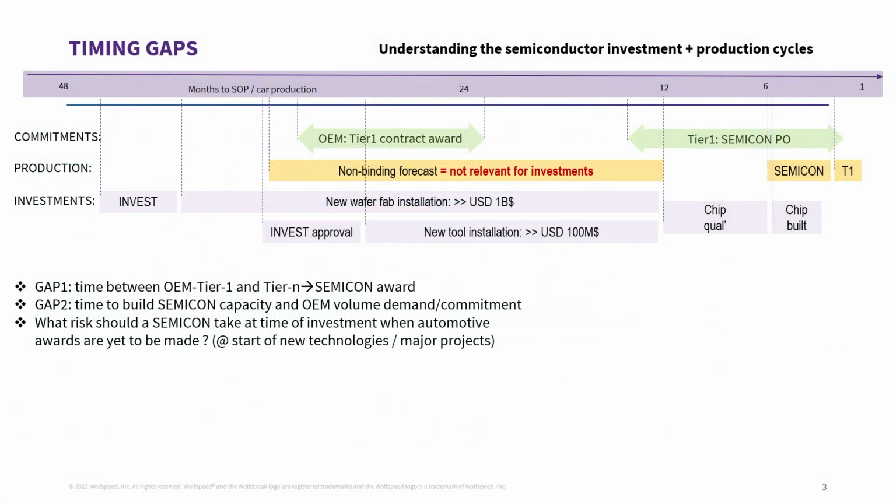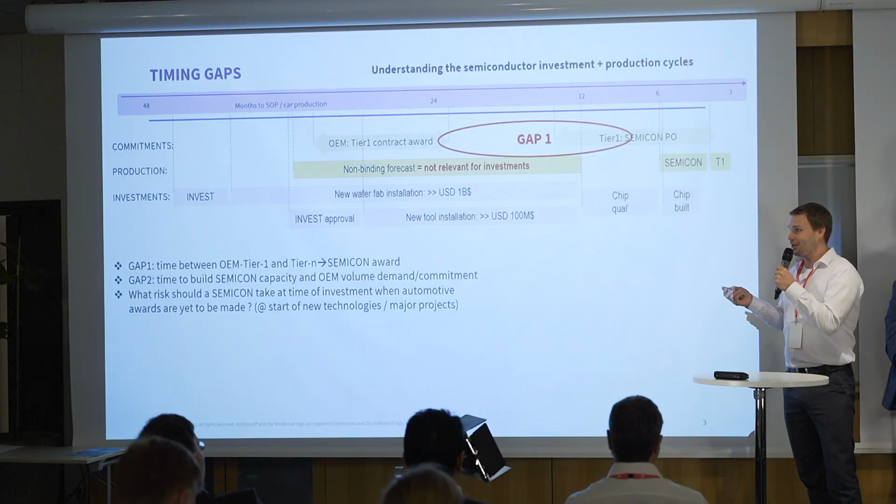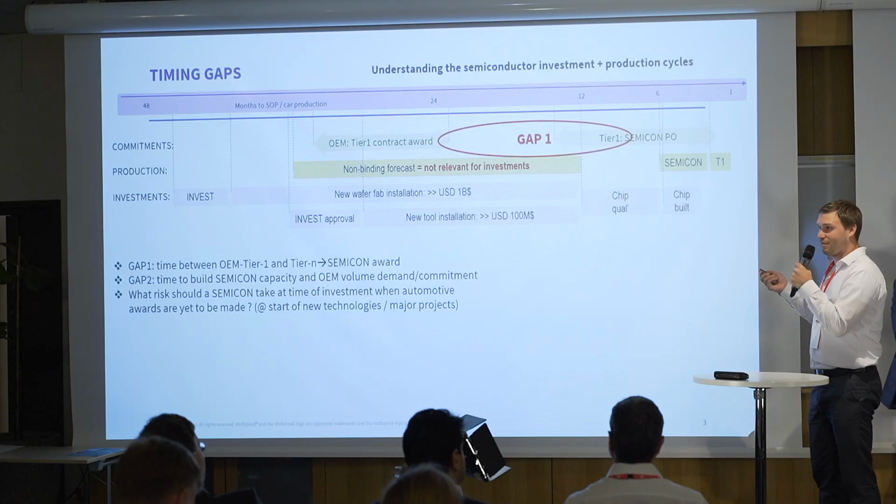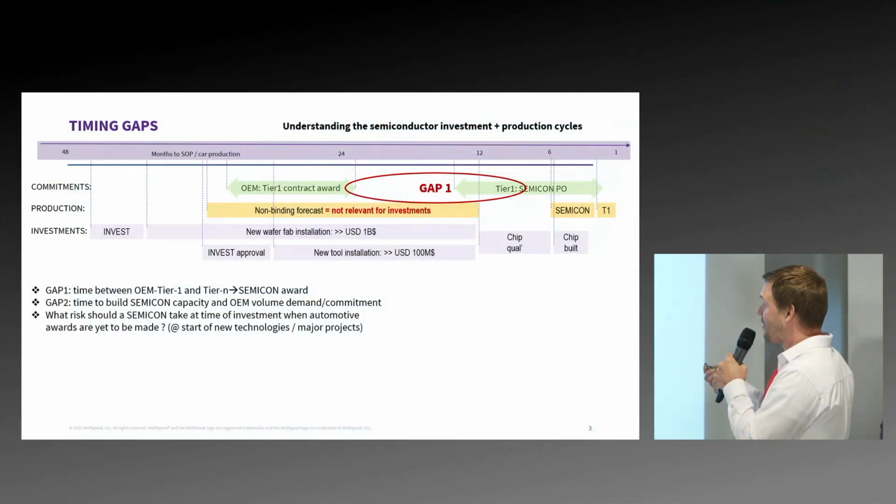So this is basically the start of production of the car, which means there are some gaps to provide the market with material. This is mainly coming from the communication between the OEM and the tier 1. The OEM is providing the award quite late to the tier 1, so that the tier 1 can actually place the purchase order at the power semiconductor manufacturer.